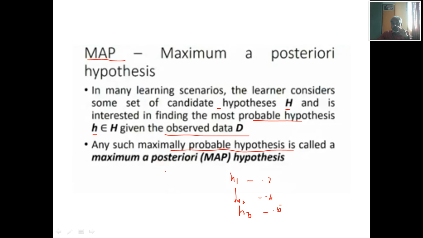So such a maximally probable hypothesis is called the maximum a posteriori hypothesis. We are going to call this the maximum a posteriori hypothesis. I think it is clear now. As a learner, I want to consider the maximum a posteriori hypothesis.